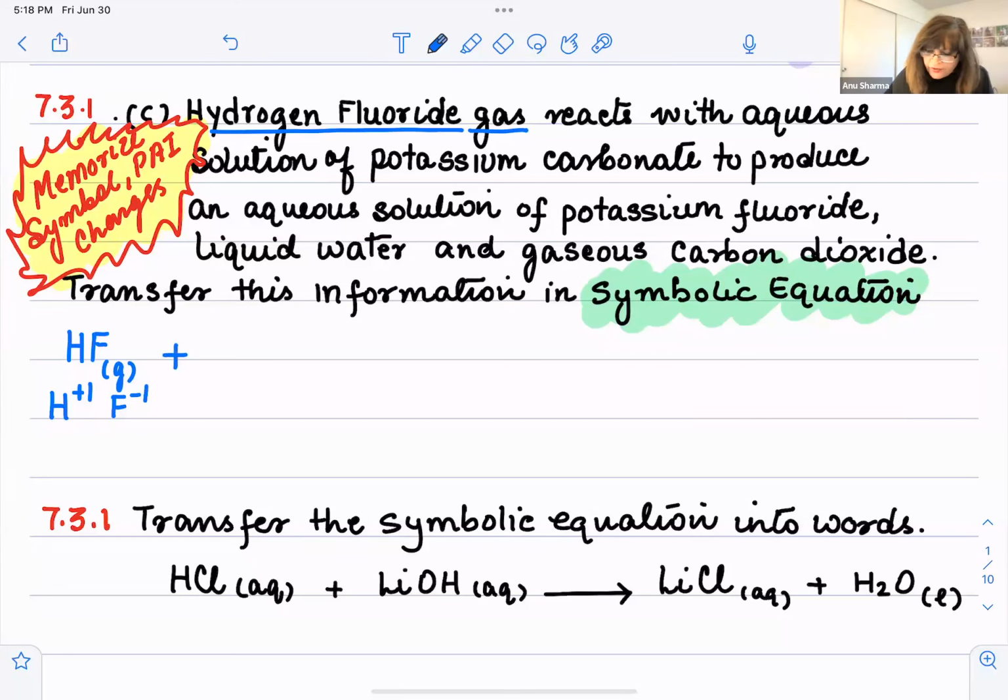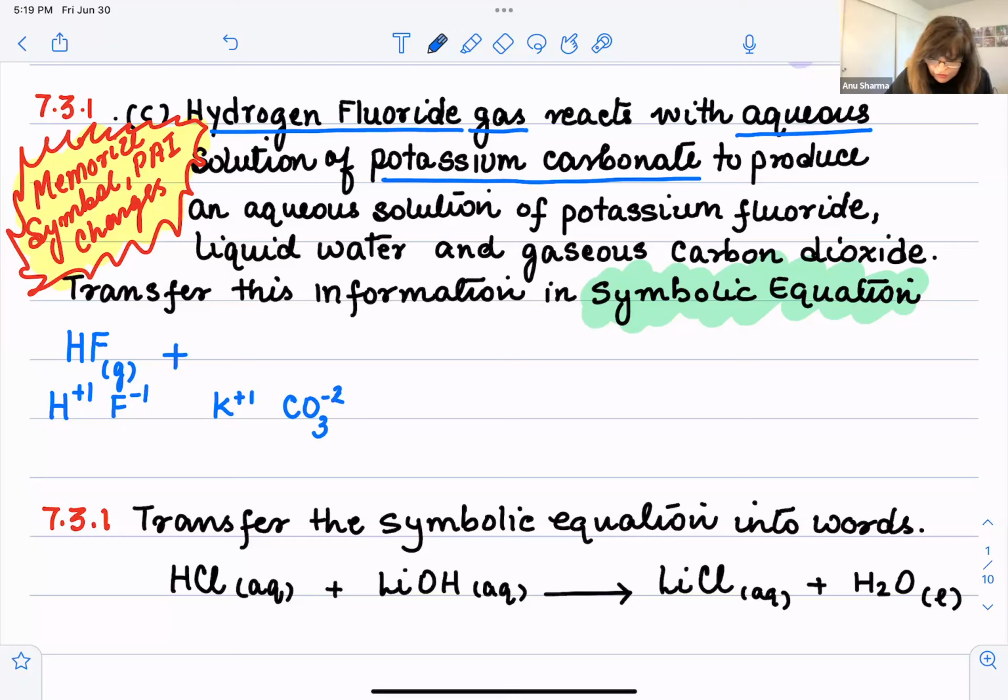Hydrogen fluoride reacts with, so it is a reactant, an aqueous solution of potassium carbonate. Potassium is group 1A with a plus 1 charge, and the formula for carbonate is CO3 with a minus 2 charge. This is a polyatomic ion.